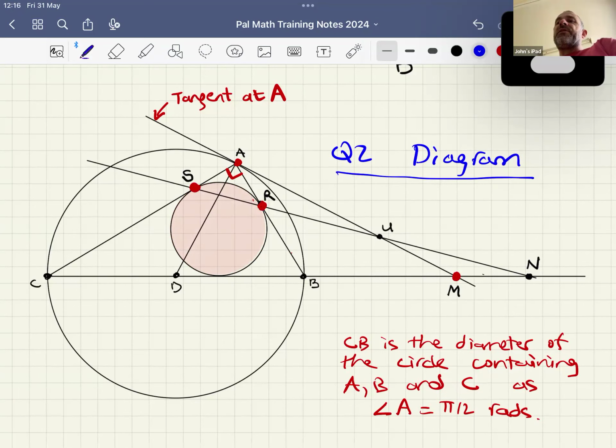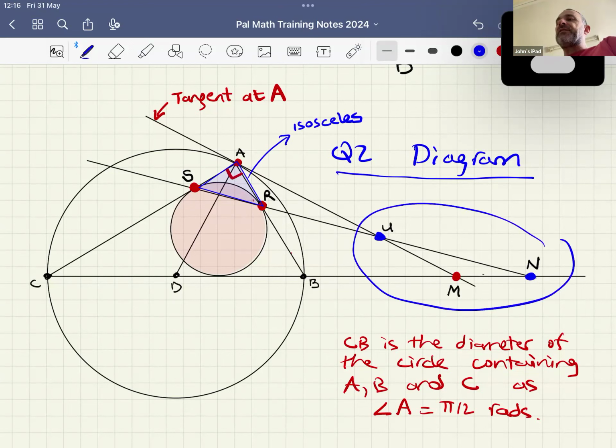Okay, so from what I said previously, we've got a nice little isosceles triangle here. So this is isosceles. Okay, and then SR touches the tangent at U, and it also intersects BC at N. And the problem is to prove that UMN is isosceles.